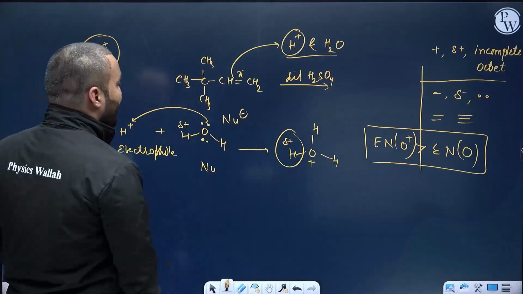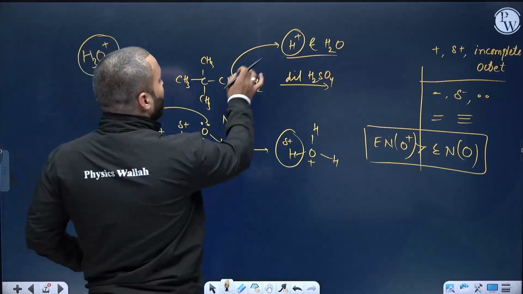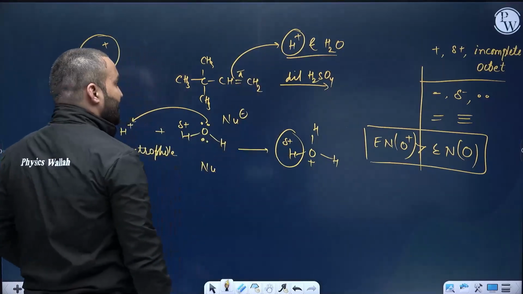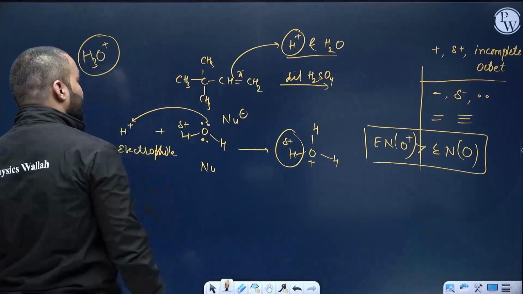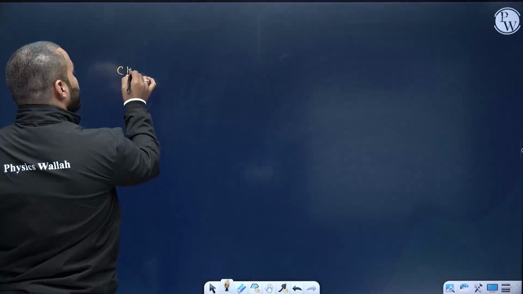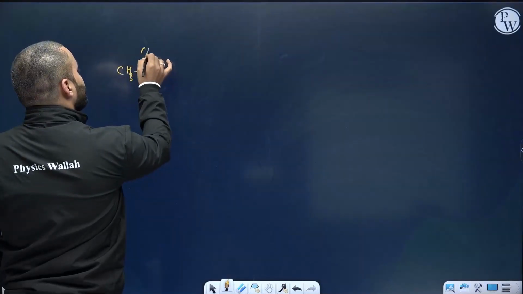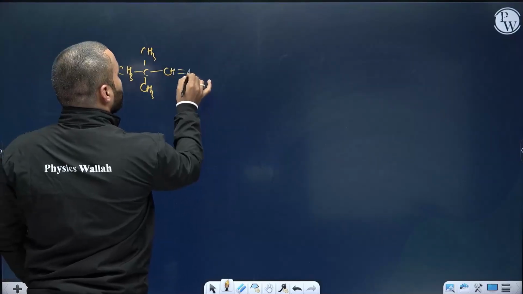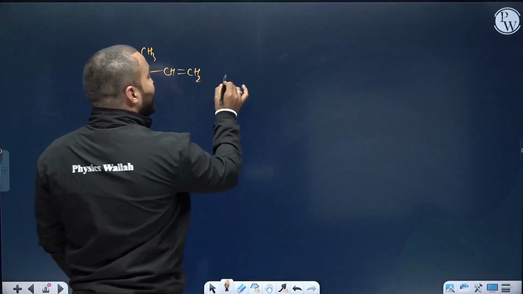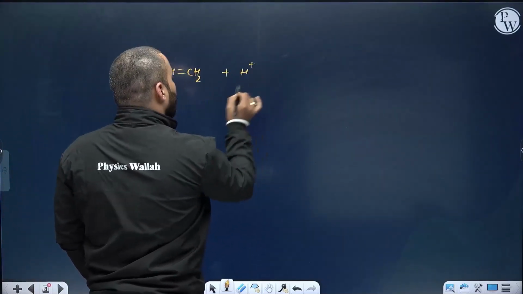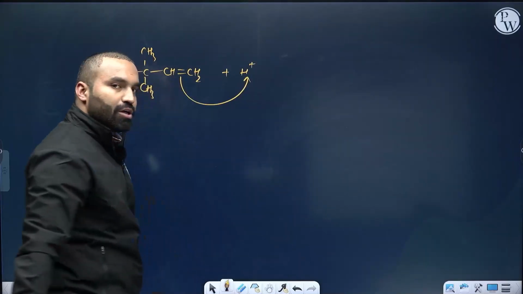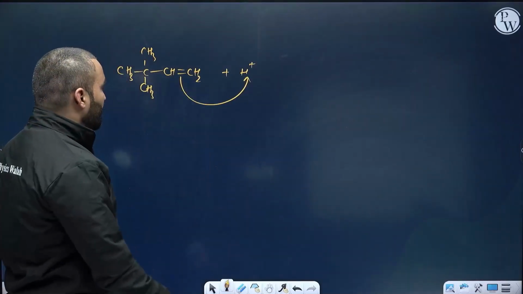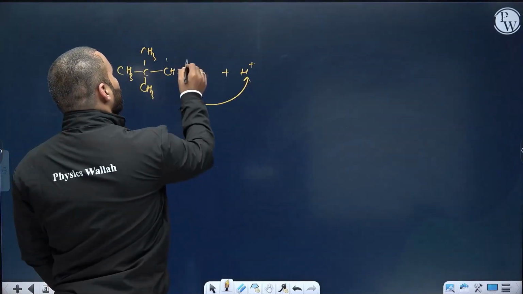All right. Now let's attack this double bond on H+. This double bond attacks on H+ to generate CH3, with a CH3 here also and CH double bond CH2 present. Now when it attacks on H+, one of the carbons should obtain a positive charge, either carbon number 1 or carbon number 2.